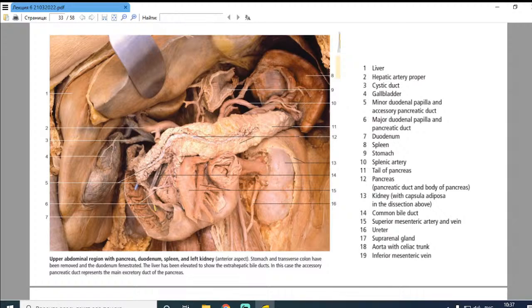You see ductus choledochus. This is papilla, major duodenal papilla. This is duodenum, pars ascendens. Gallbladder, liver.